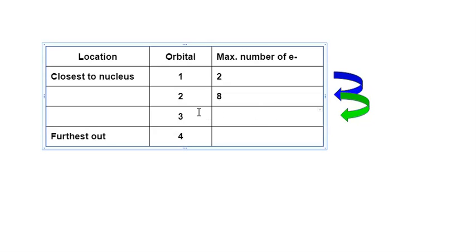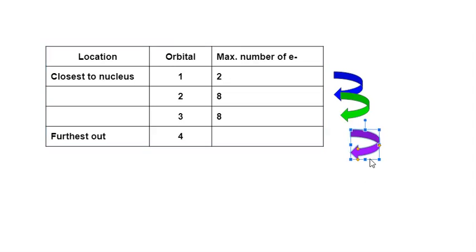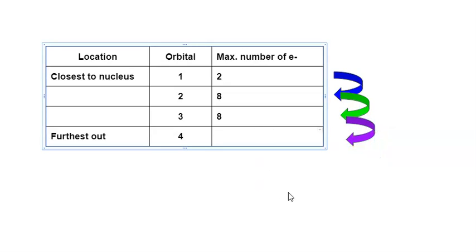And this orbital, like the second, can hold up to 8 electrons. After the third orbital is full, electrons can go out to the fourth orbital. The fourth orbital can hold up to 18 electrons. So our pattern is 2, 8, 8, 18.